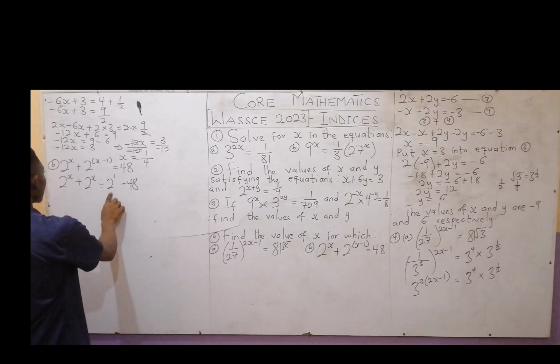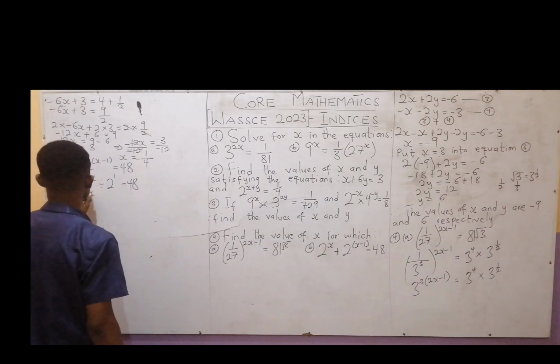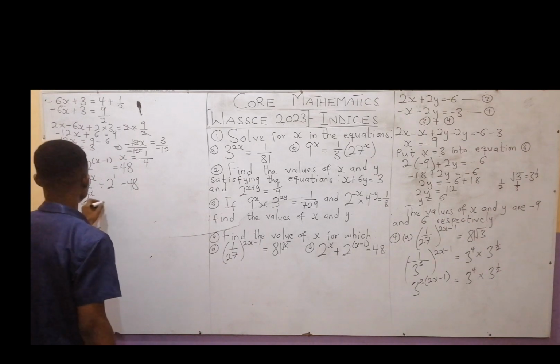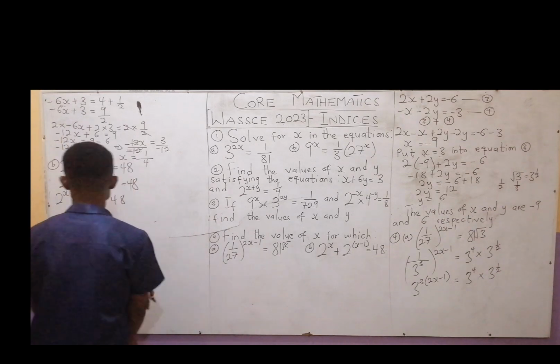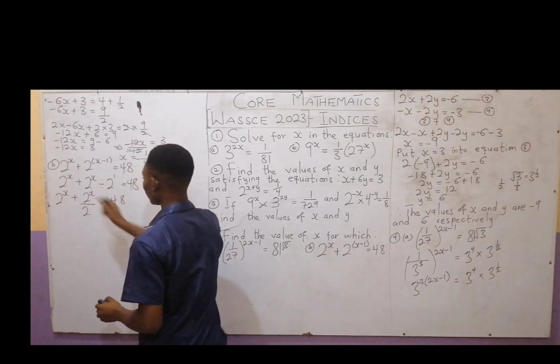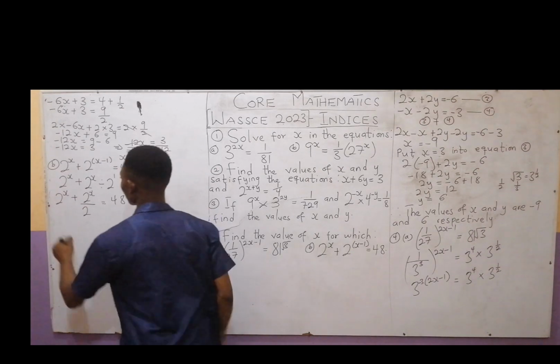So we can express this in a different way as 2 raised to the power x plus 2 raised to the power x divided by 2 is equal to 48. Now, since it's an equation involving fractions, I multiply with the LCM.